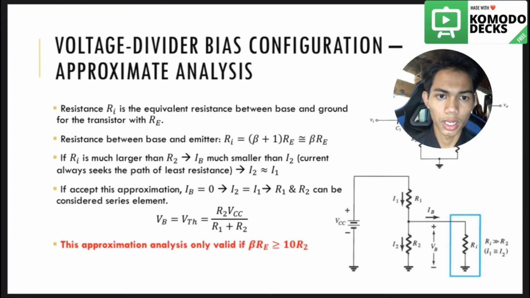Current always seeks the path of least resistance. If we accept this approximation, IB equals 0 and I2 equals I1, and R1 and R2 can be considered series elements. This analysis is only valid if beta RE is bigger than or equal to 10 R2.